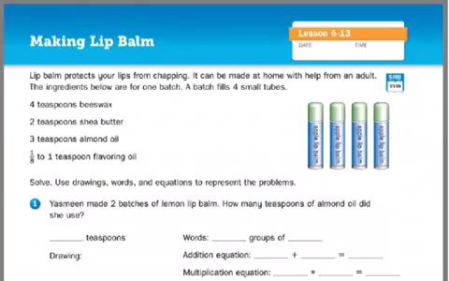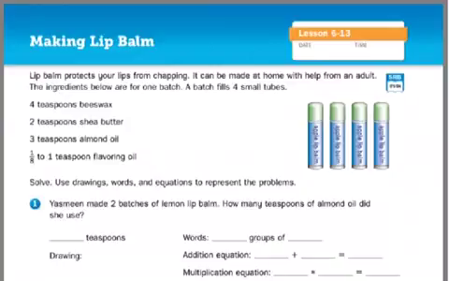So you're going to apply this same learning now in your math journal on page 224. That's what we're looking at right now. This is page 224. Let me go ahead and get this locked so I can write on it with you. Okay, so making lip balm. Lip balm protects your lips from chapping. Some of you know that very well.